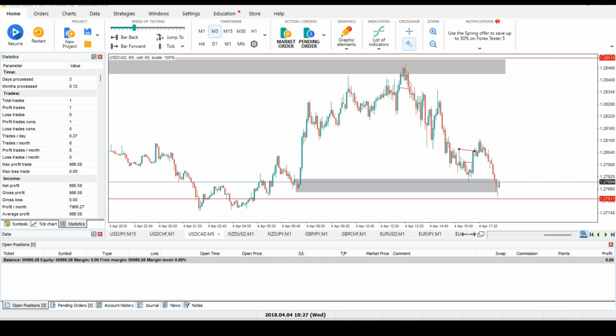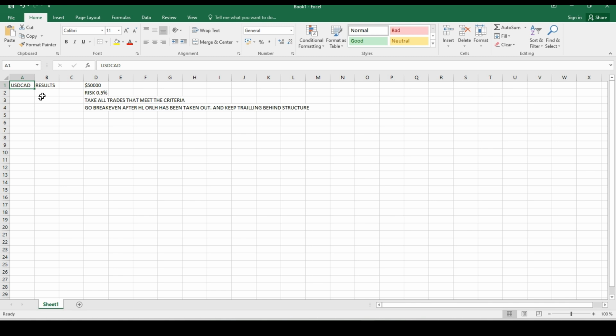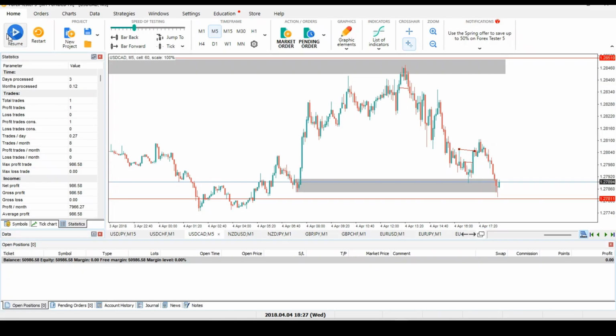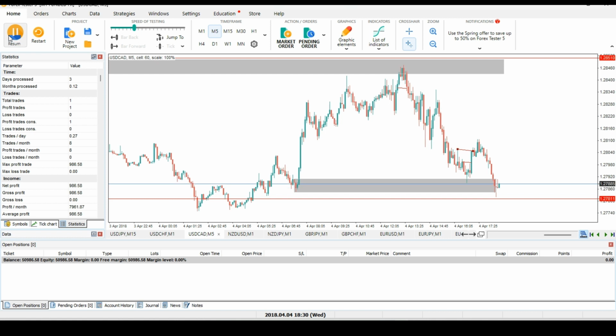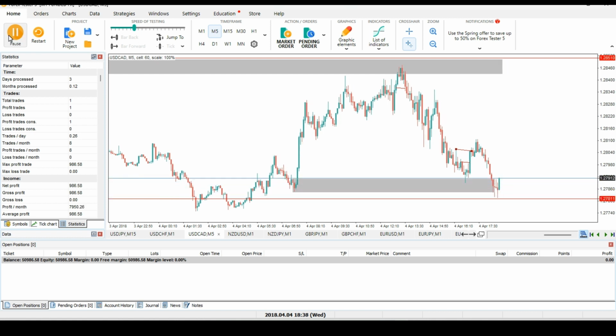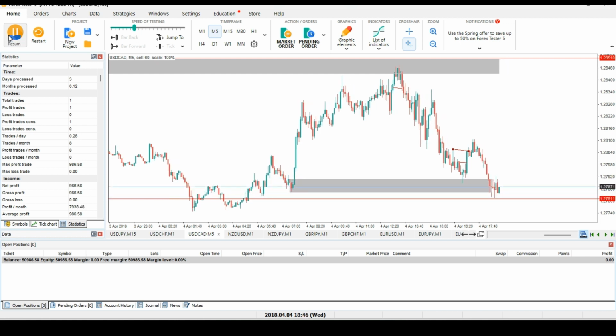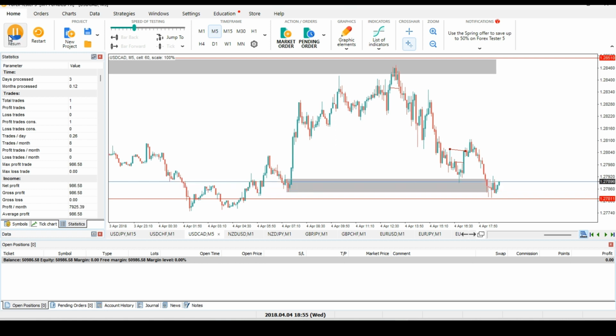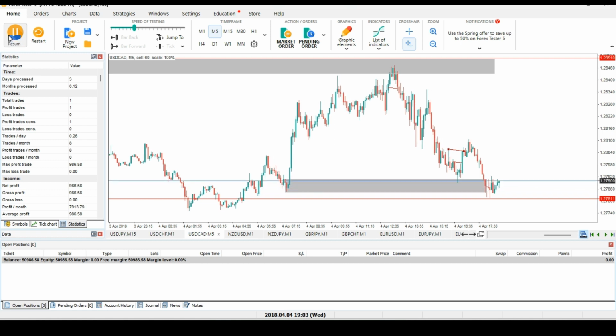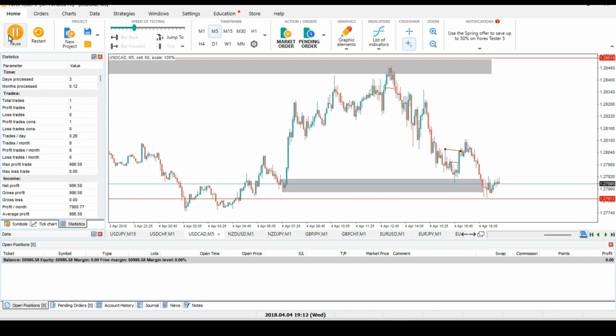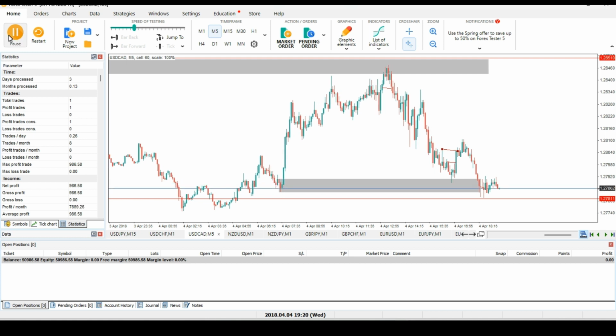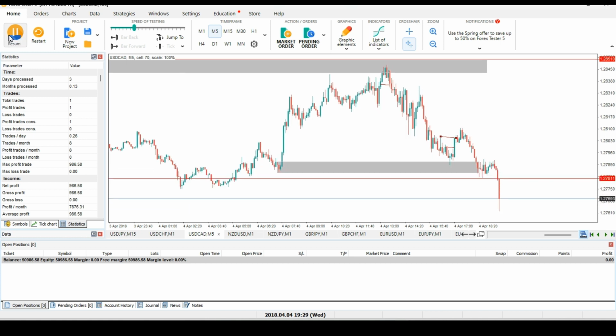So our first result is 3R, which is good, because we've missed out on the other 3R, which is okay. Definitely our take profit would have been hit and we would have walked away with about 6R on USD CAD.